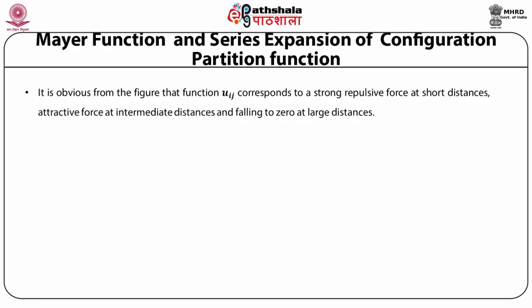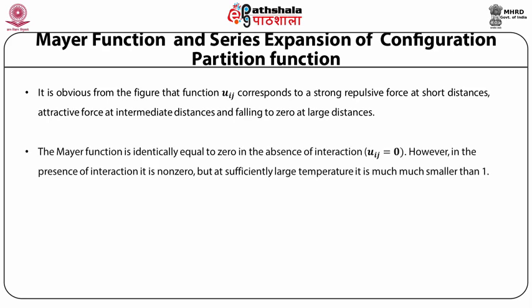It is obvious from the figure that function u_ij corresponds to a strong repulsive force at short distances, attractive force at intermediate distances, and falling to 0 at large distances. The Meyer function is identically equal to 0 in the absence of interaction, that is u_ij is equal to 0.